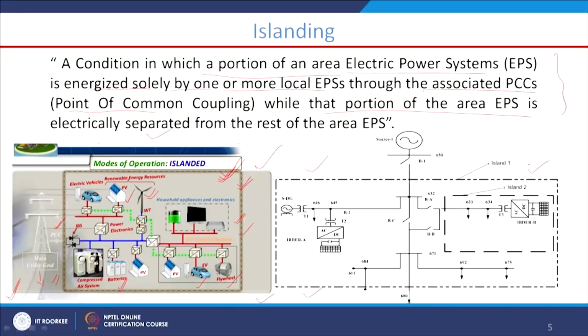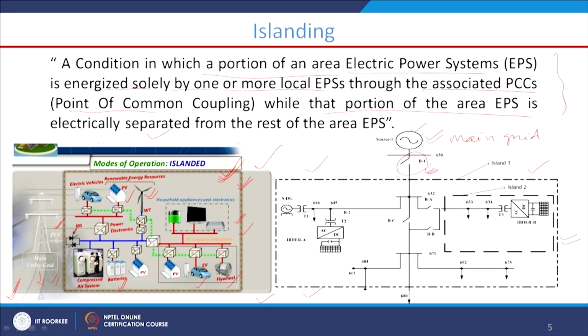And the second figure also says the same thing. Here, source 1 is our main grid, and this main grid is connected to the microgrid with the help of B1. B1 is the circuit breaker. We are naming this main grid side breaker as B1. This source 1, or the main grid, is connected to the dotted line.